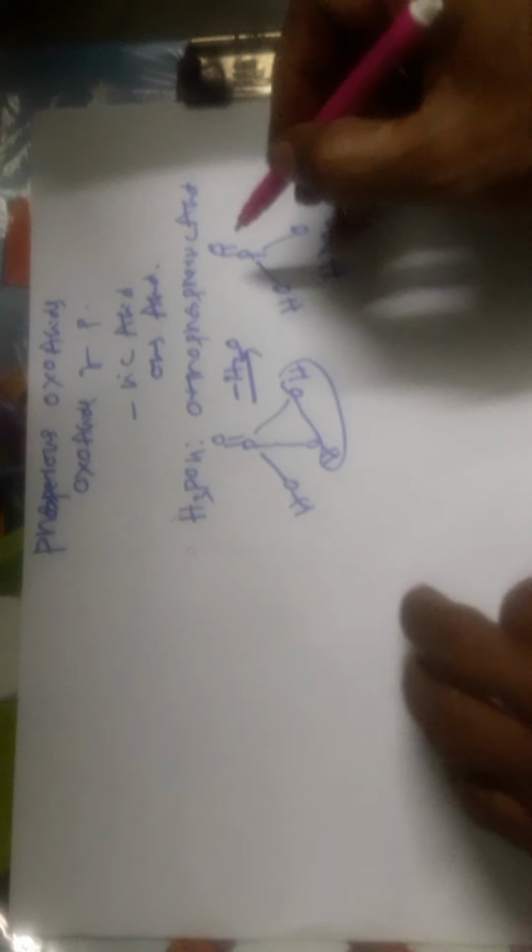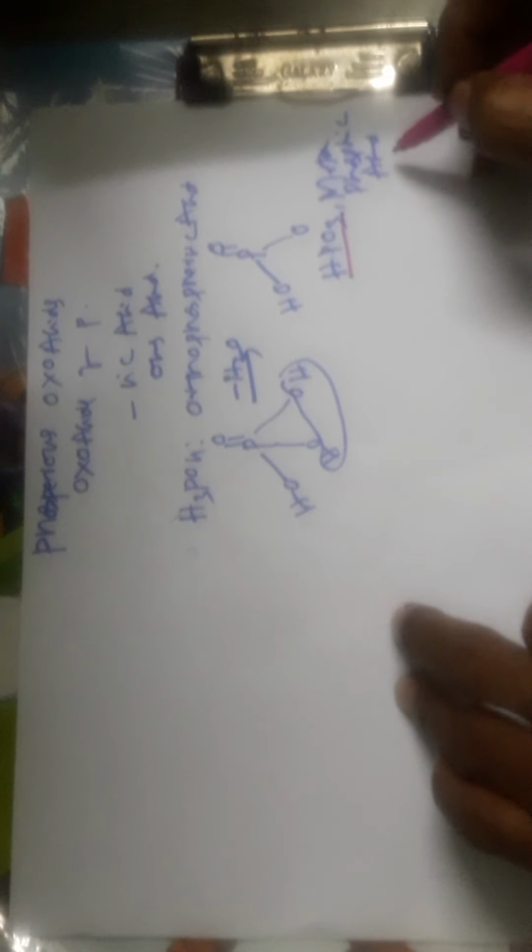If I go for H3PO4, orthophosphoric acid, the structure of orthophosphoric acid is like this. Then what I have done? I have removed a water molecule, so after removing the water molecule, we have HPO3. This is nothing but metaphosphoric acid.